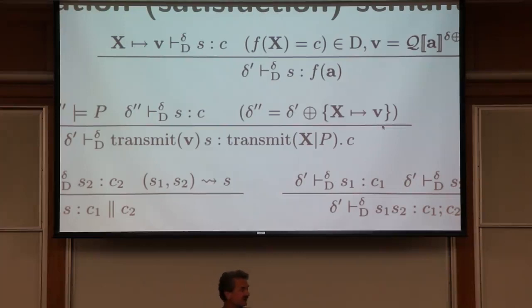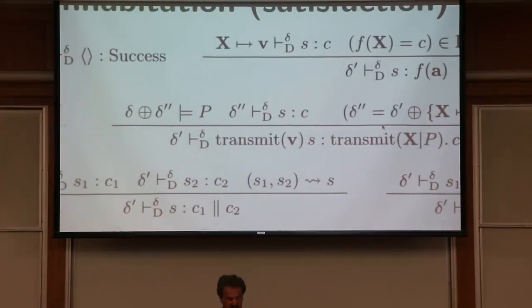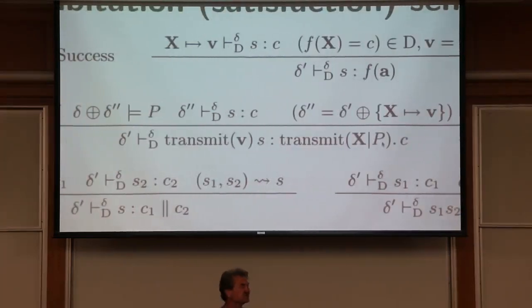That way we extend our environment, so we have more bindings. Then there's a predicate mentioned here, P, which can have all the free variables occurring in the environment, including the ones from the X, so it's evaluated in the environment delta double prime.